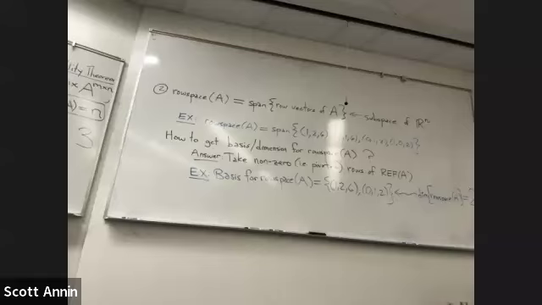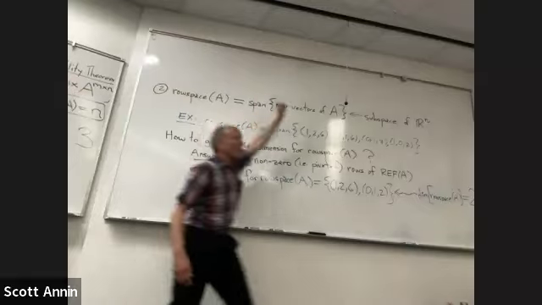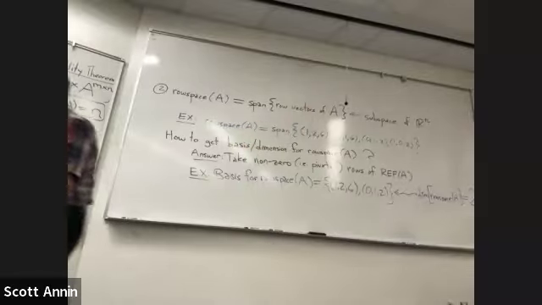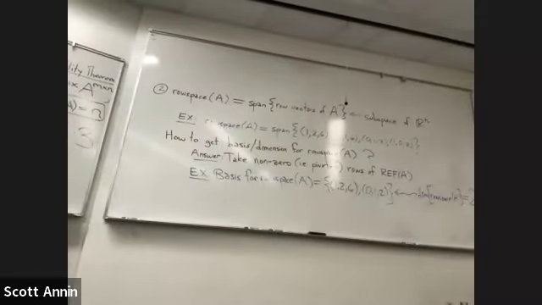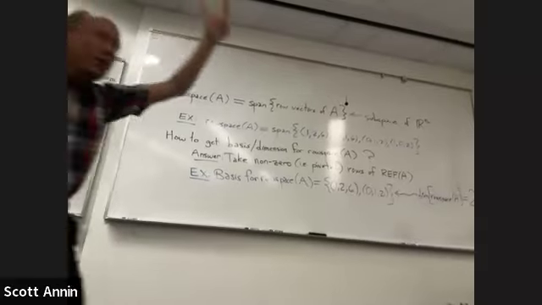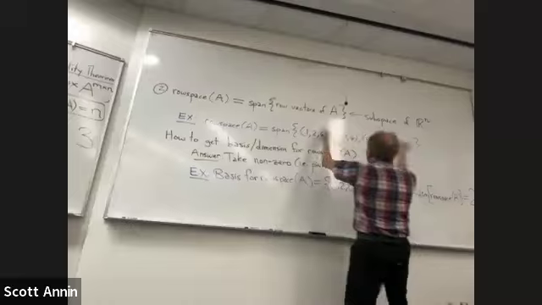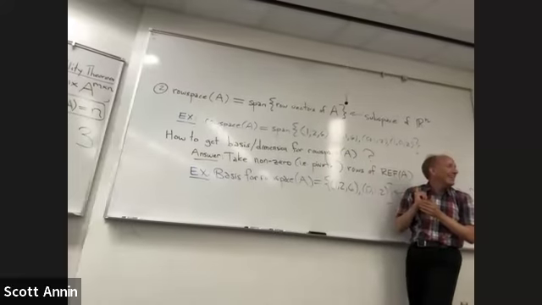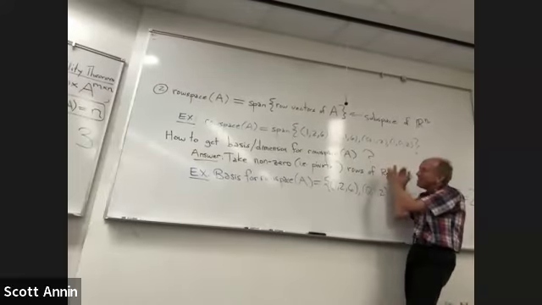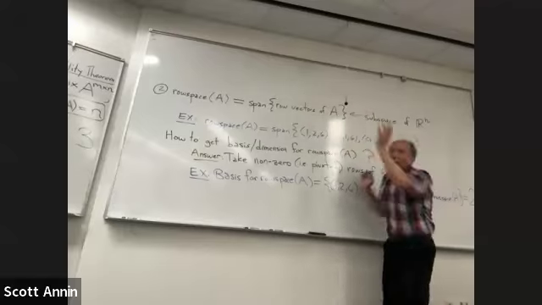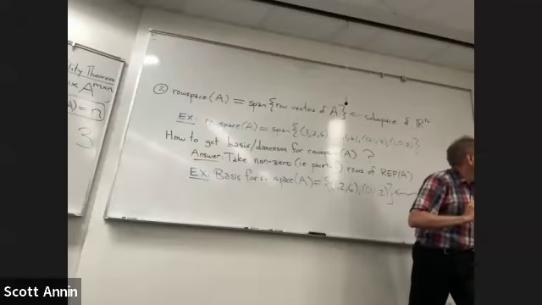Guys, when you do EROs, you don't change what the span of those rows would be. The row space is the span of the rows, but you don't hurt that by doing EROs. Think about it. If you permuted 2 rows, if you did a PIJ, all you're going to do is switch the order that something's listed in here. That's not really changing the essence of the linear combinations that you can make, right?